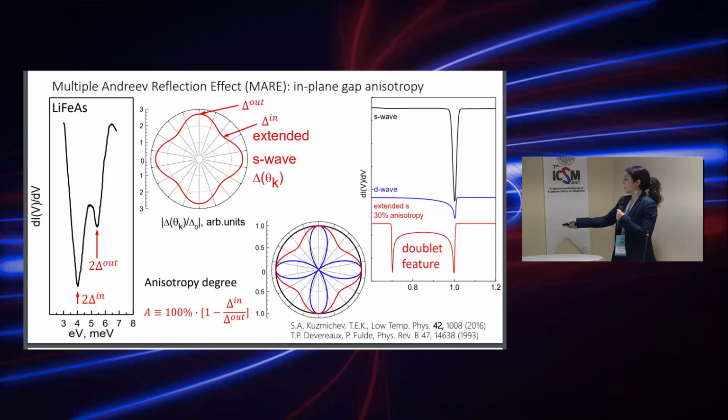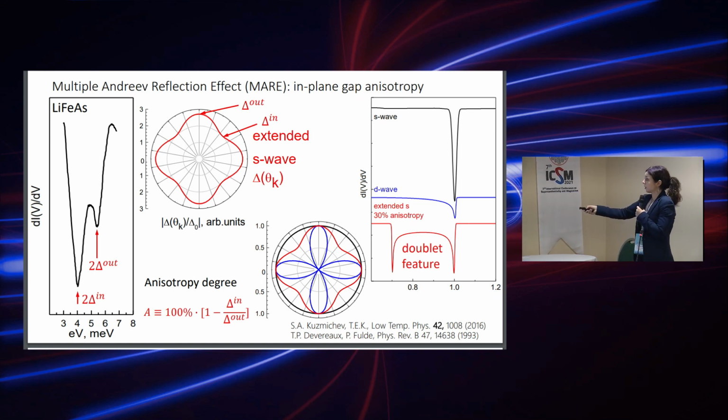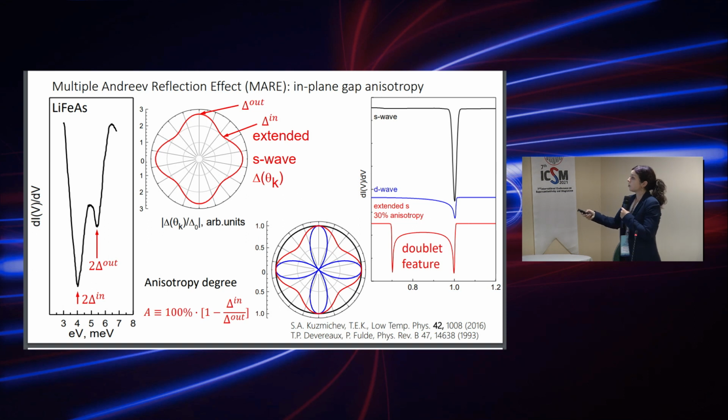According to this simple approach by Devereaux and Fulde, an anisotropic S-wave gap produces powerful and symmetrical dynamic conductance dips, whereas a D-wave gap causes strongly suppressed and asymmetrical dips. An extended S-wave polar distribution would cause doublet features, where the positions of the 2 dips, this one and this one, correspond to the gap edges.